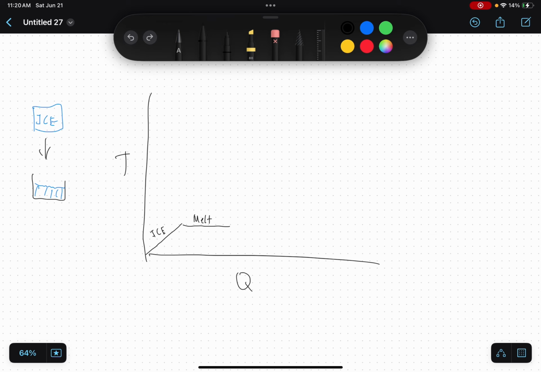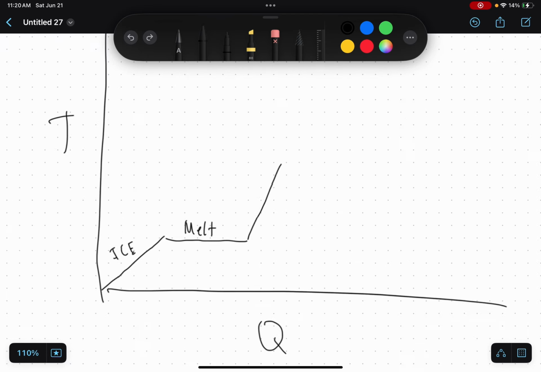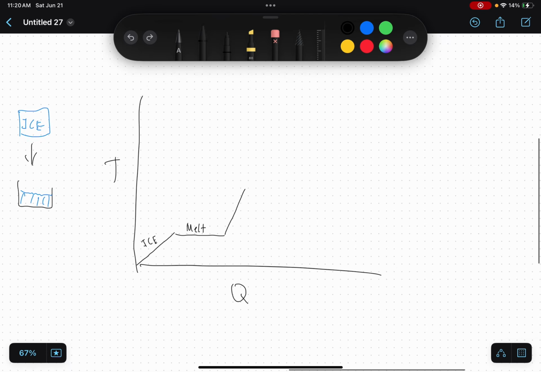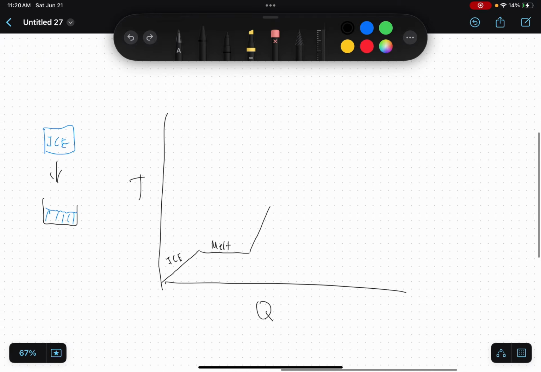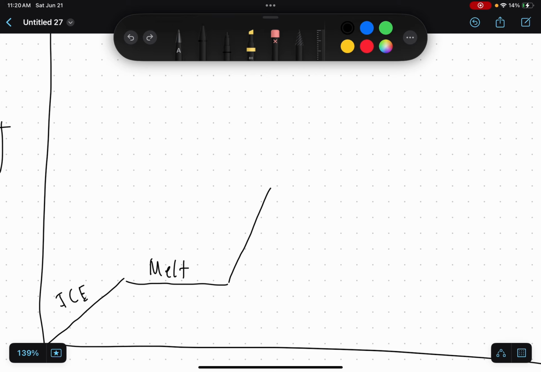I'm going to assume it's steeper. Chances are this slope and this slope won't be the same. So I'm trying to draw it so it doesn't look like they are the same. Okay. Cool. So now we have water.